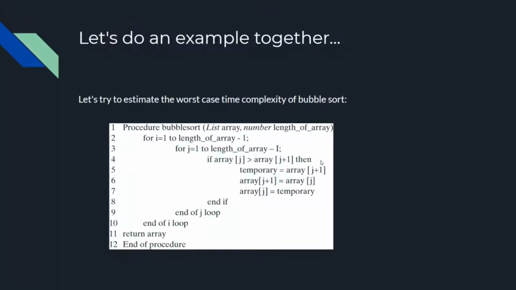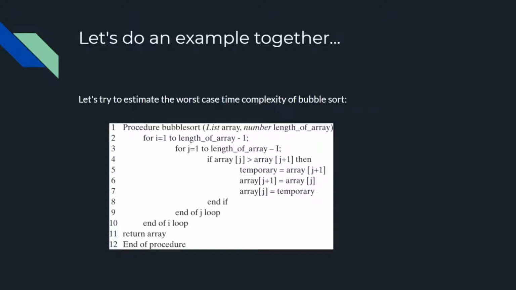Even in the best case, we're still going through the entire array twice with the double for loops. Even if we end early, we could accidentally swap it into the right position after only one pass through the array. The chances are that's not what's going to happen most of the time, but in the best case it's feasible. But we're still using two for loops to go through the entire thing, which means in the best case this one is also O of n squared.